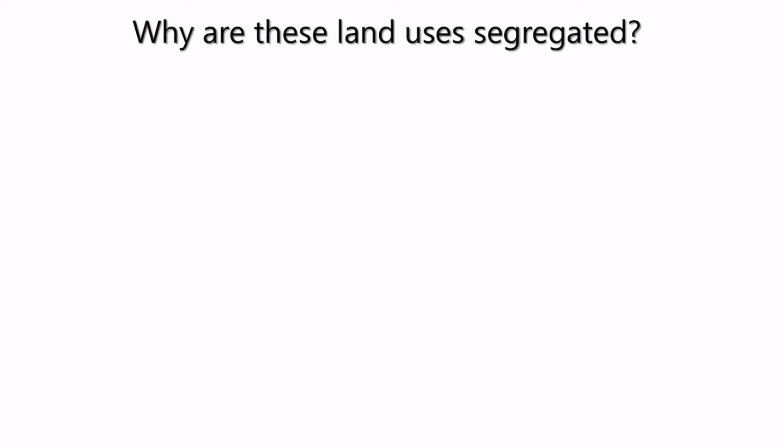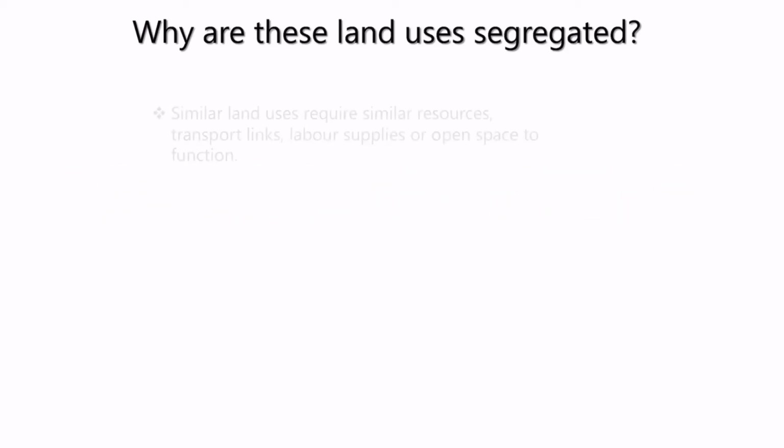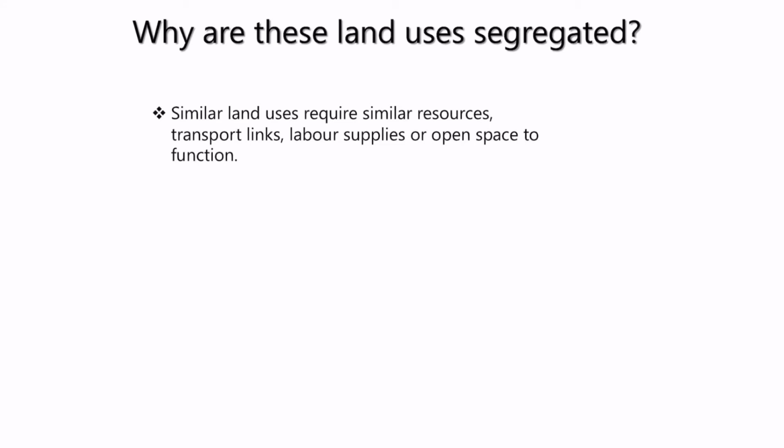The other major reason why land uses are so segregated kind of ties in with the land values, but it's locational needs. What that actually means is that if I am going to have an industry or a retail park, that kind of land use will require similar resources to another industry or another retail park.